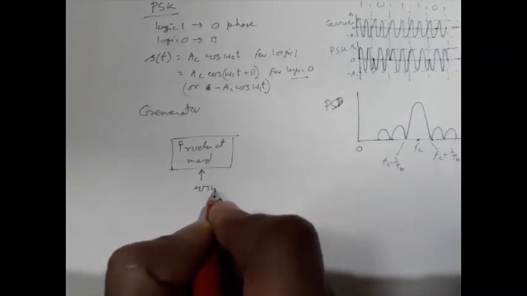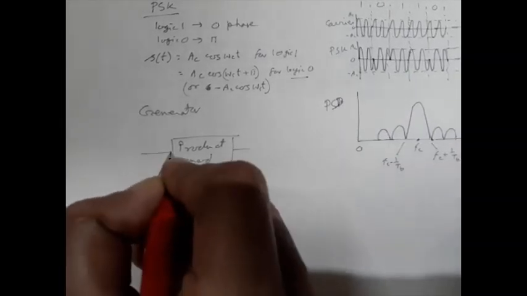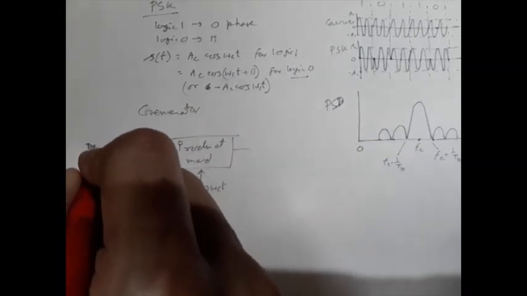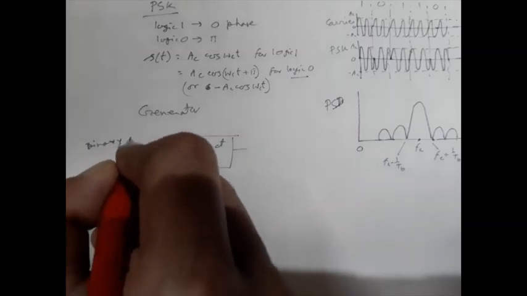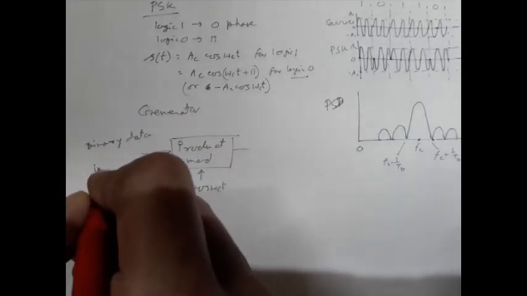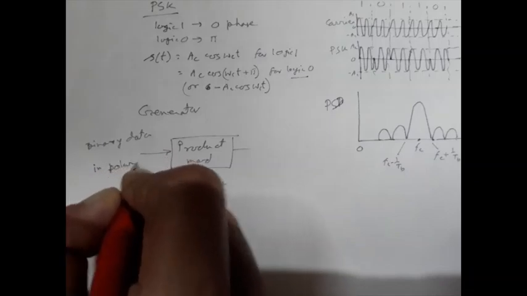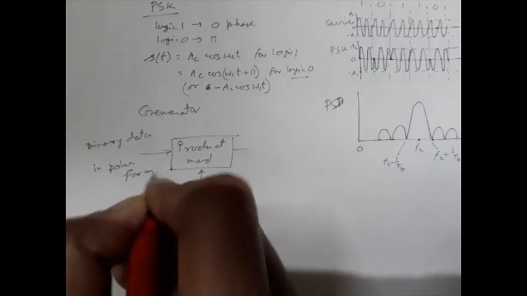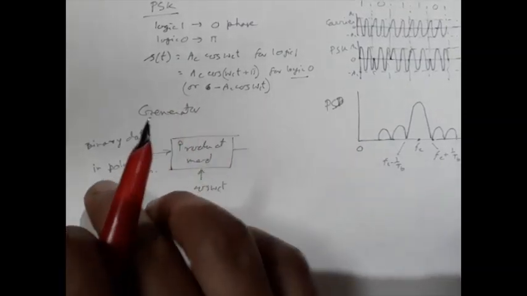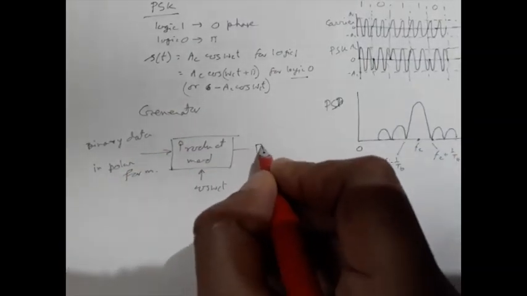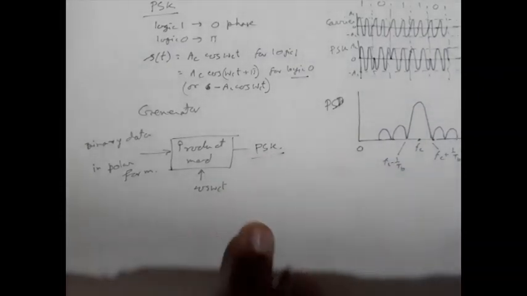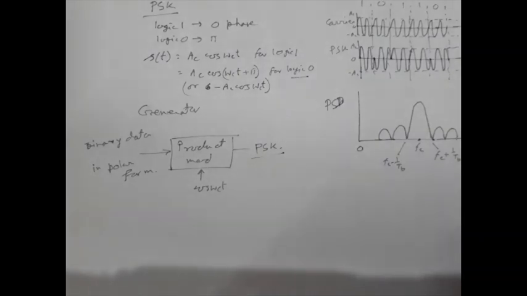We have the carrier at one input, and at the other input we have binary data, but the condition is that it is in polar form. So if it is in unipolar form, we will get ASK. If it is in polar form, then we will get PSK. So this is how we can generate the PSK signal.